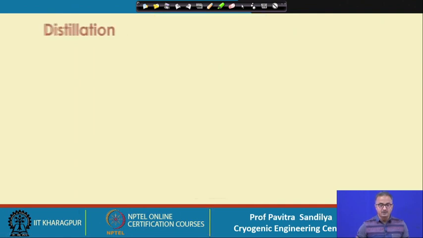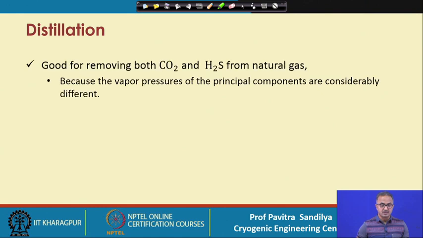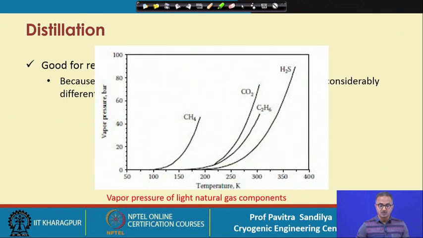So, among them we shall be talking about distillation, which is most common among the low temperature removal of these gases. So, they are good to remove both carbon dioxide and H2S from natural gas, because their vapor pressures are considerably different from the other natural gas components.